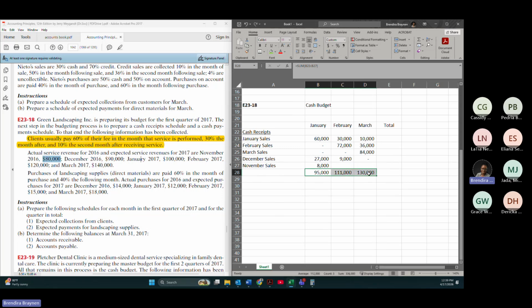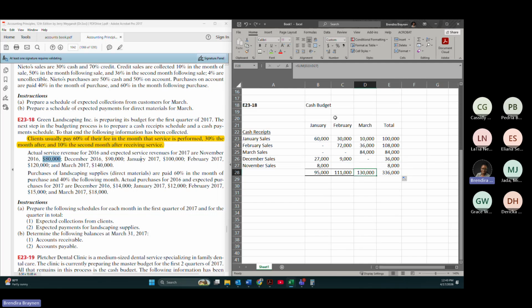The sum of March and February, 111, 130. And then the total is just going to be the sum across. So 60 plus 30 plus 10, that's 100. Then we have 108. Then we have 84. Then we have 27, then 36, then we have 8.